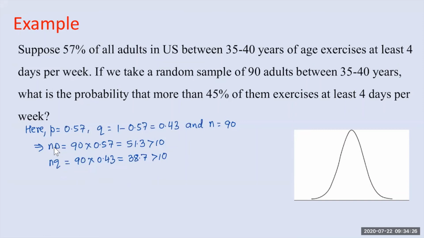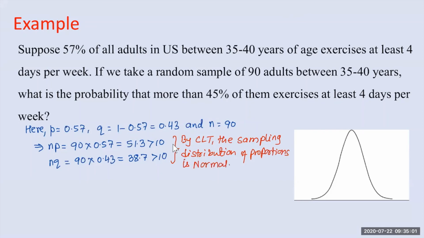And we know that when n times p is greater than 10 and n times q is greater than 10, from central limit theorem, the sampling distribution of the proportion is normal. So we can write here, by central limit theorem, the sampling distribution of proportions is normal.